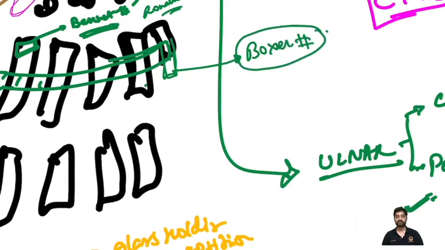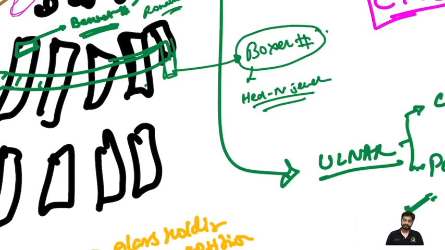What do you mean by boxer fracture? It means there is a fracture in the fifth metacarpal head-neck junction. In the case of punching, there is a fracture of the fifth metacarpal in the area of the neck. This is known as boxer fracture.